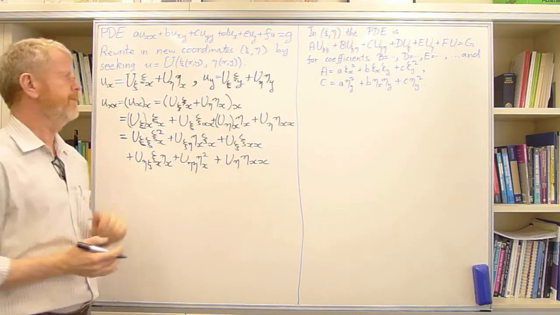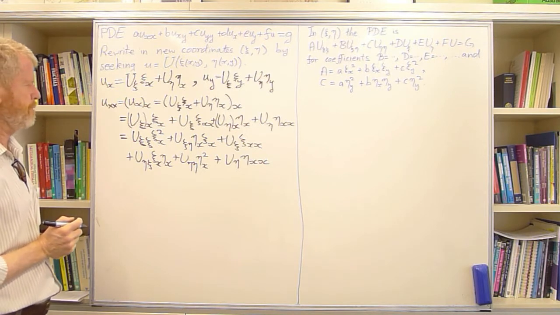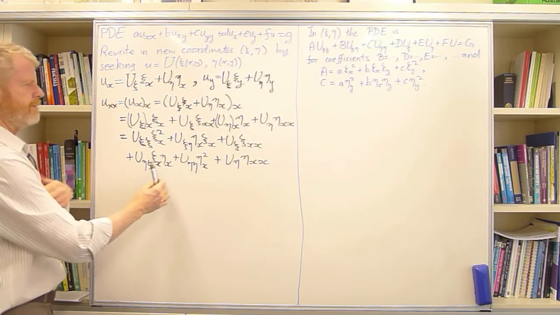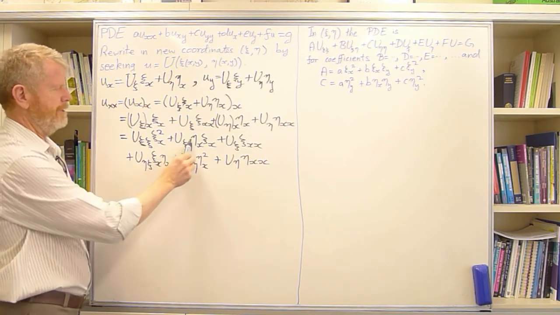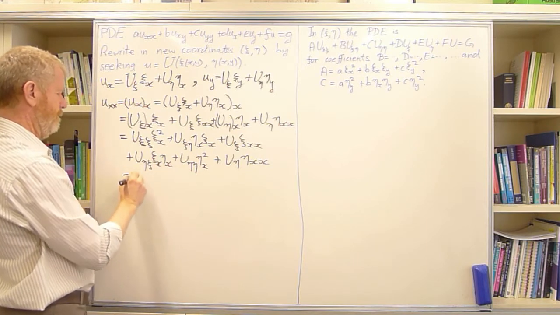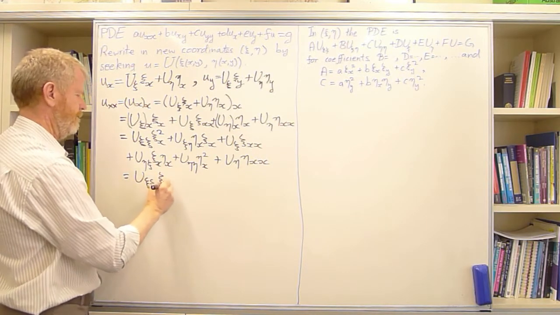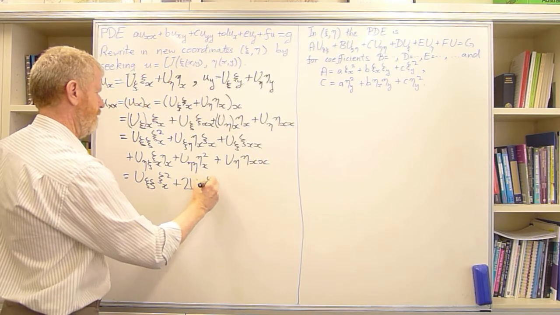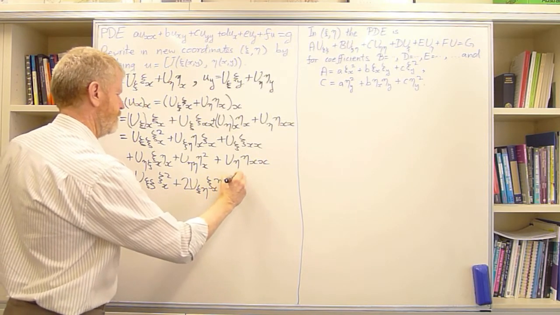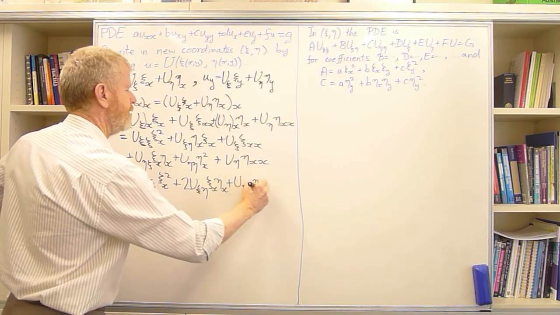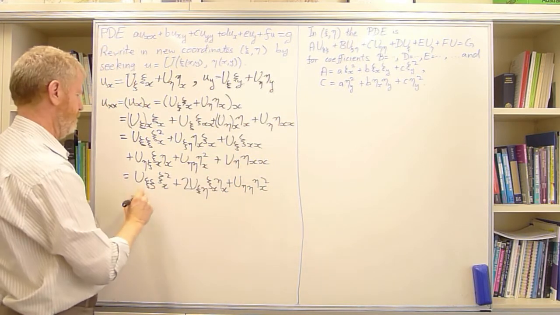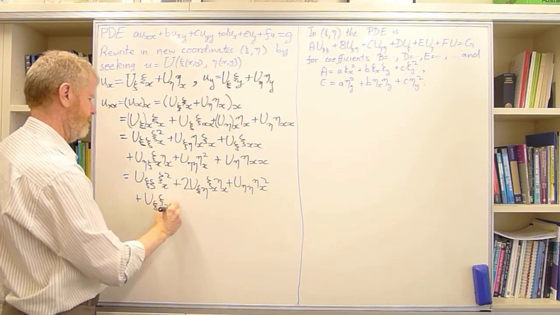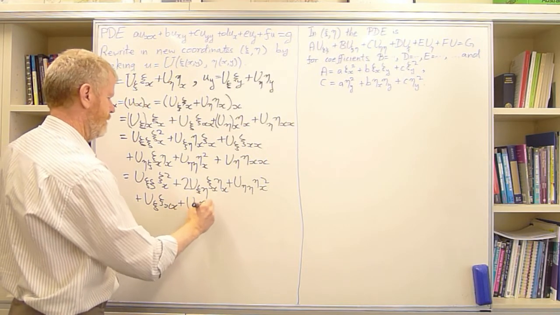Okay, and that's the formula for uxx that we're going to use. There's a slight simplification in that these two terms are the same, and so they add up. So this is u psi psi x squared plus 2u psi eta psi x eta x plus u eta eta x squared plus these last two terms. U psi psi xx plus u eta eta xx.